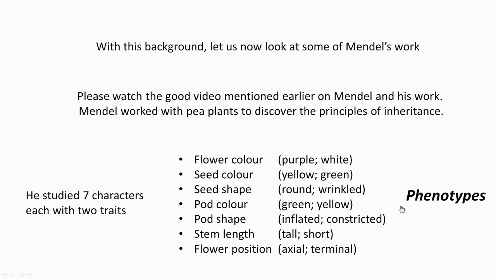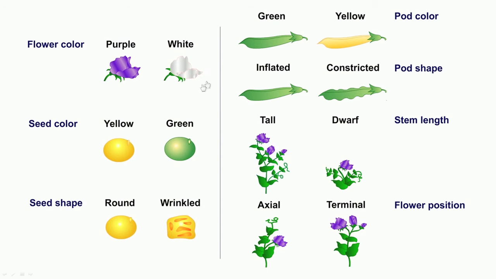Let us go further to explain this, and these characters, flower color, seed shape, pod color, pod shape, stem length, and flower position are called phenotypes. For example, the flower color could be either purple or white, both are phenotypes, flower color is a phenotype, and so on. Here we see it in a pictorial form.